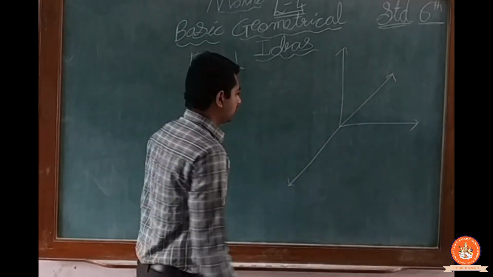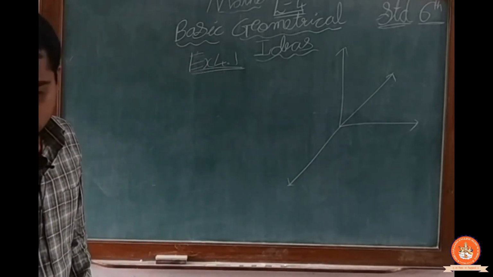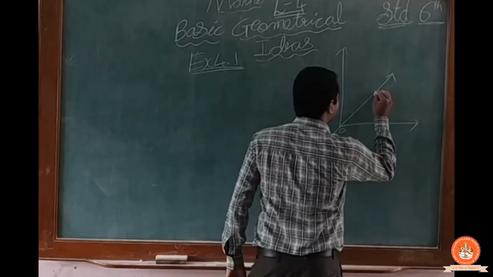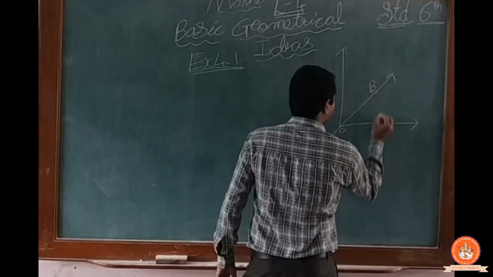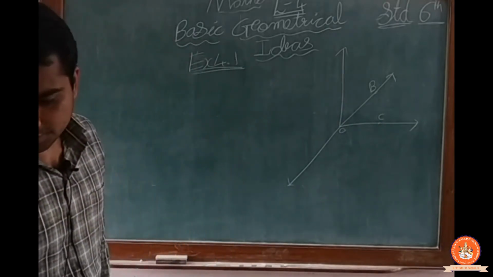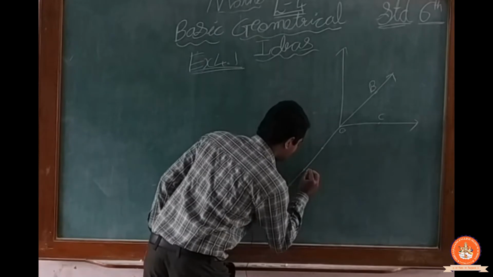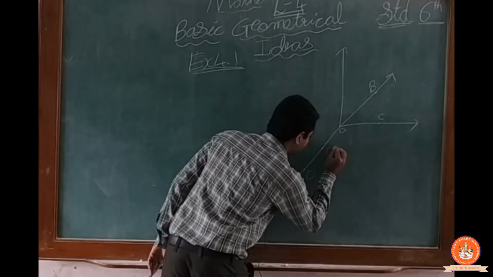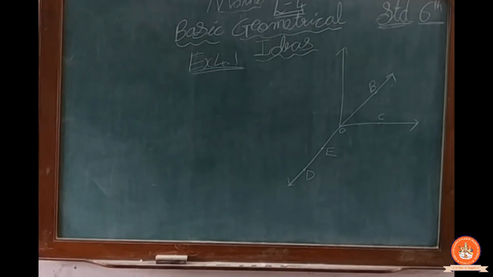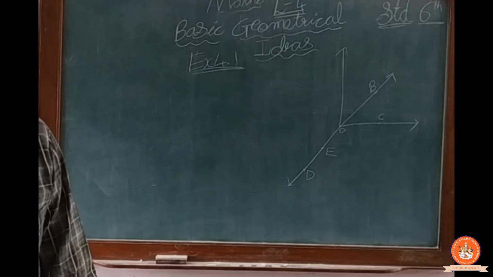So now there are given points. This point is O, this point is my B, this point is my C. Other points are D and E. This is my D and this is my E. Okay. Now they give us this diagram and ask us questions.